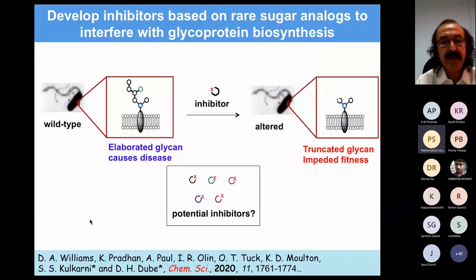And very recently, we have achieved, I should say, a proof of concept study, although a lot more has to be done. The idea was that bacteria need these elaborate glycans for infection and for survival. Can we interfere with the glycan biosynthesis of bacteria so that we can truncate it, and this will lead to potential inhibitors?